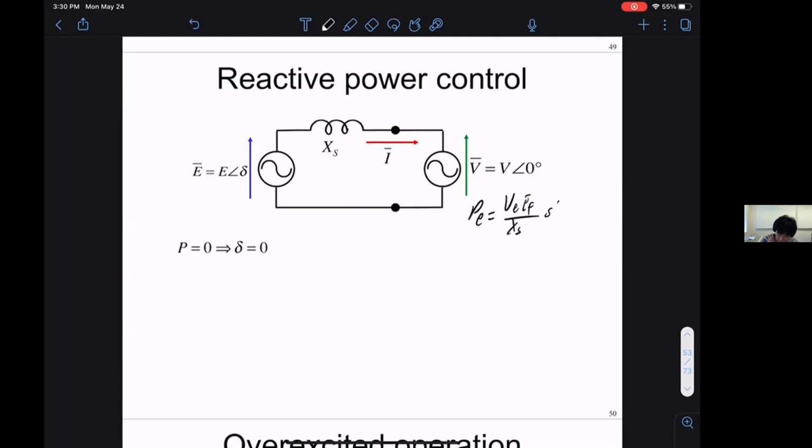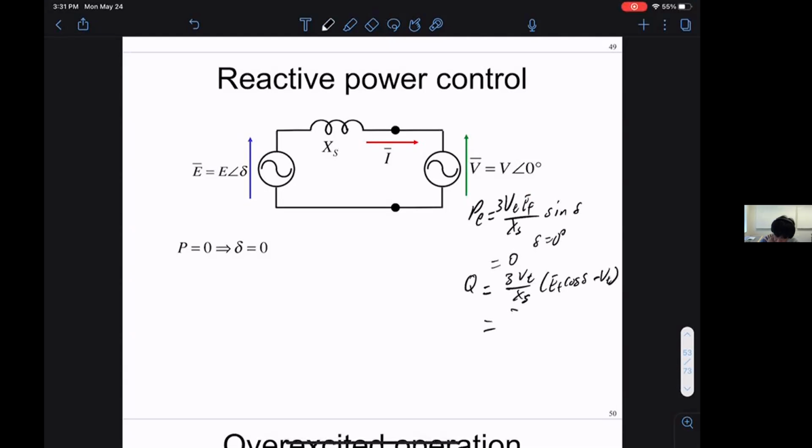So let's say I want to produce 0 active power. I can set delta to be 0 degrees, and then I get 0. But then Q becomes 3 V_T over X_S times (E_F cosine delta minus V_T).